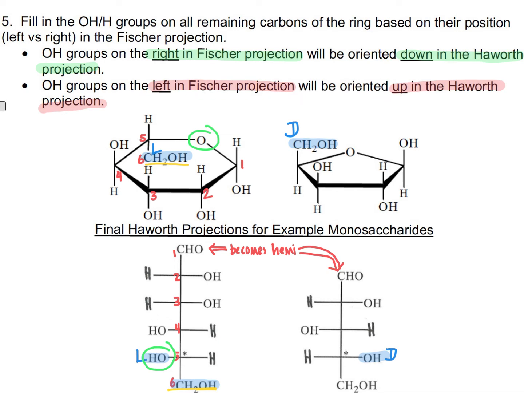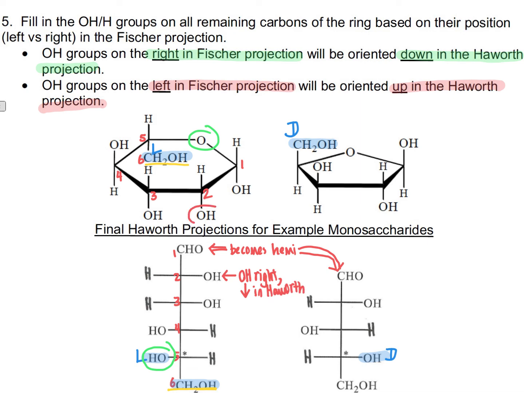So matching that up, we look at position number 2 of our Haworth projection relative to position 2 of our open chain form. Since in the open chain form the group was on the right, OH being on the right means that the OH group is going to be pointed downward in the Haworth projection, in the cyclic molecule.